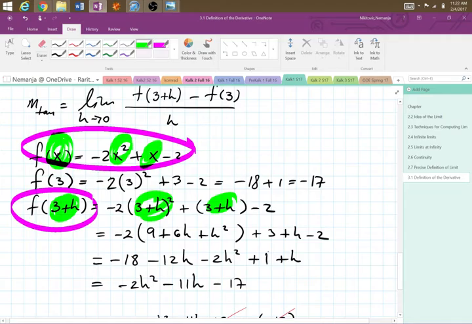So these all work together at the same time. If I'm replacing x with 3, I replace every x by 3. If I'm replacing x with 3 plus h, I'm replacing every x with 3 plus h. Do we all see that? Because later, that's going to be something else. It's not just going to be 3 plus h.